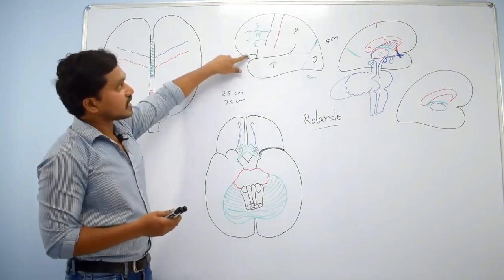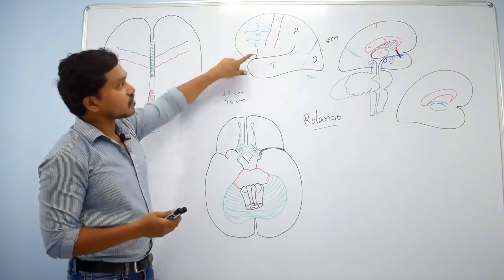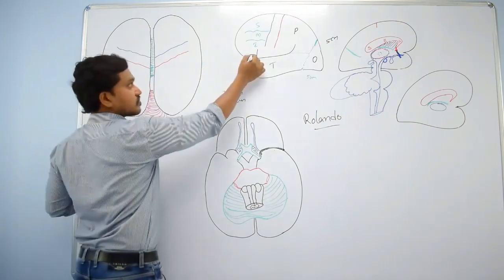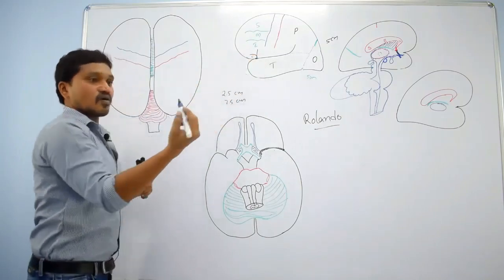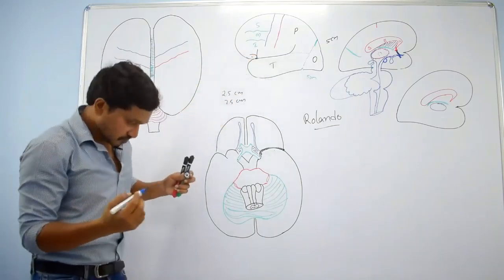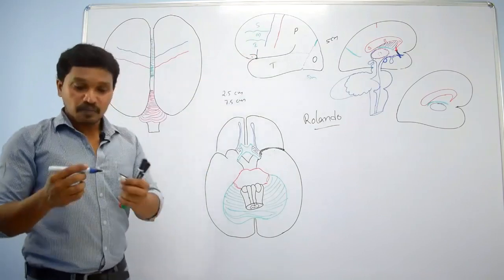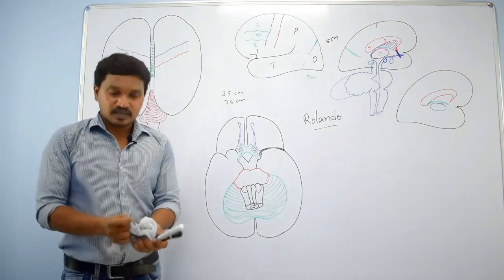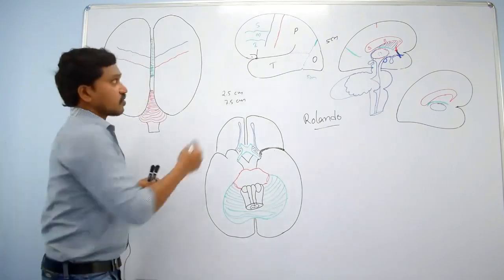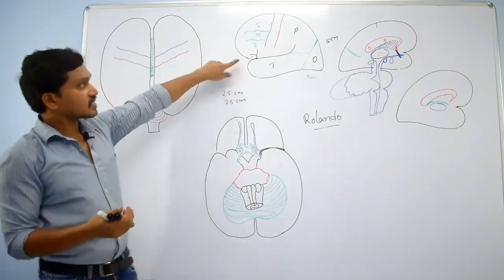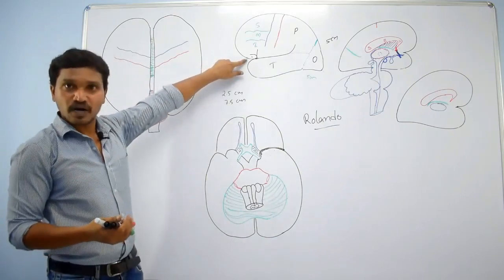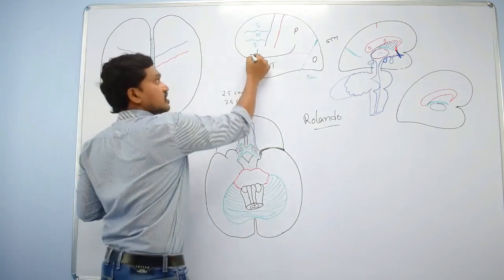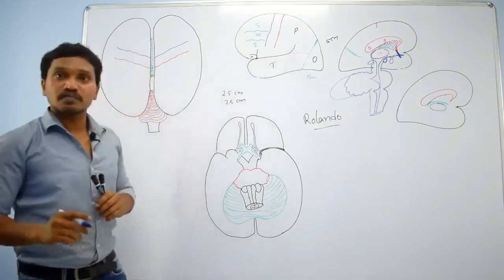The area which is present below the anterior horizontal, this area what we call pars orbitalis. Why we are calling this pars orbitalis? This is orbital surface of frontal lobe, right?